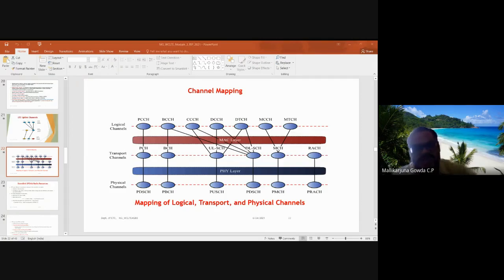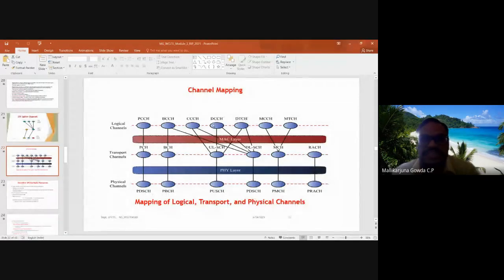Of course, you may be feeling in one stretch that there are so many channels. What is the function of each channel? How to remember all of them? But if you understand this slide, and correlate how information will be passed from the higher layer to the lower layer, and vice versa, then you will be able to write the exact functionality of each channel.